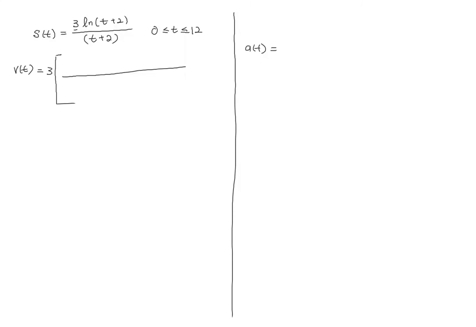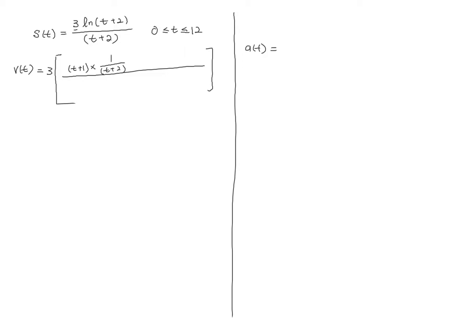You know it's quotient rule, so I know it has to be divided. In this case, you try not to use v and u because of the velocity. So it is the bottom times by the derivative of the top. The derivative of the top is ln, so it will be t plus 2. The derivative of t is 1.